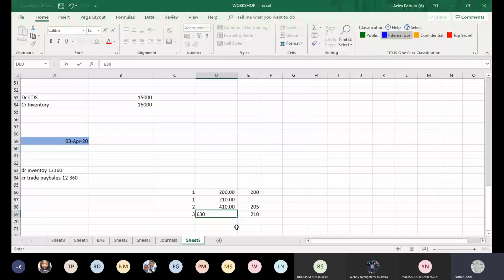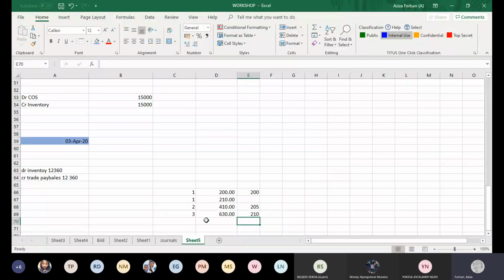Okay, so 630. Wait, I am not explaining this so well. So 630 divided by the 3 dolls will give me 210. So now my value is 210.